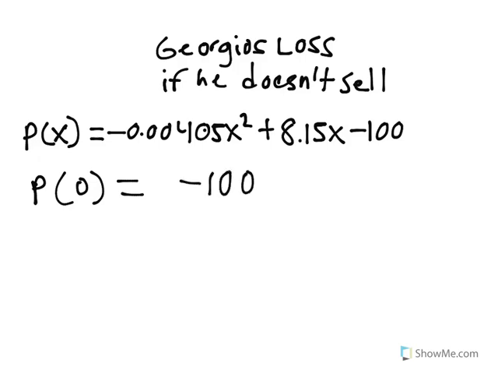So he's going to be at a $100 loss if he doesn't sell any umbrellas. His profit is going to be negative $100, or he loses $100. So that's simple for the first problem.